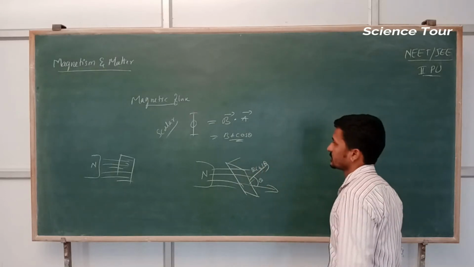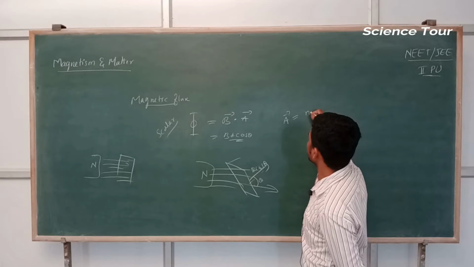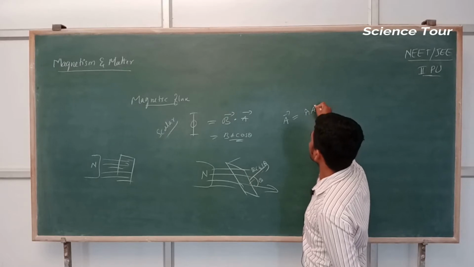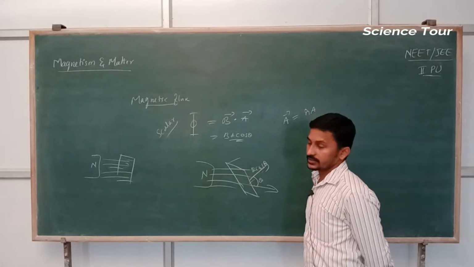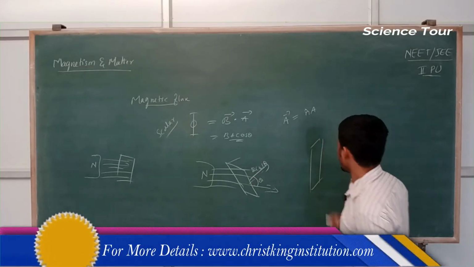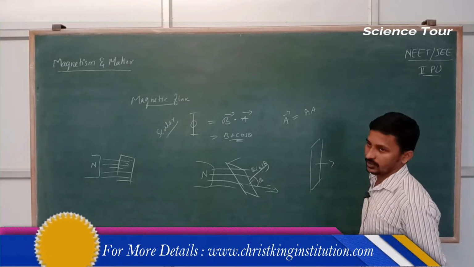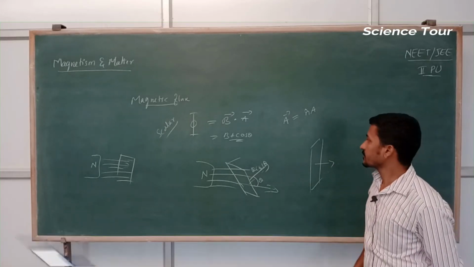Now why is area taken as perpendicular? Area vector is nothing but n cap times A, where n cap is the unit vector perpendicular to that area. Any area you take, we consider a vector perpendicular to it, and that becomes the area vector.